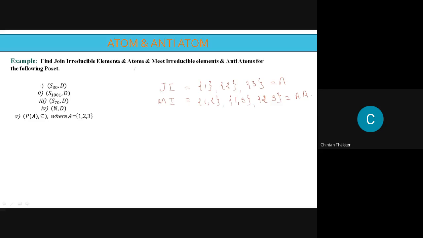Anti-atom: if a meet irreducible element is covered by the I element, then it is called an anti-atom. Okay, done.